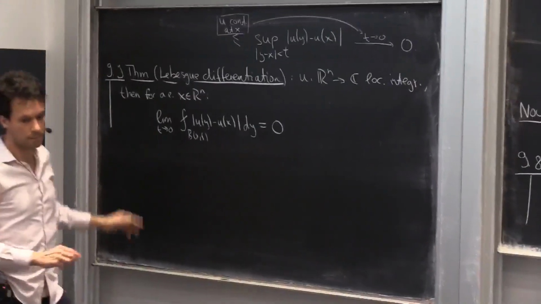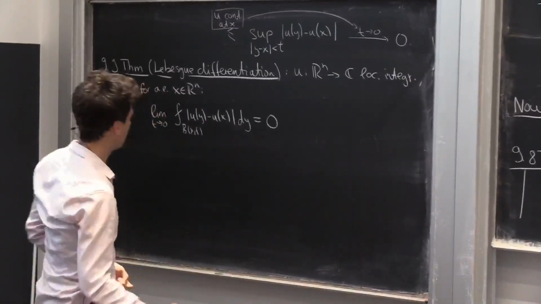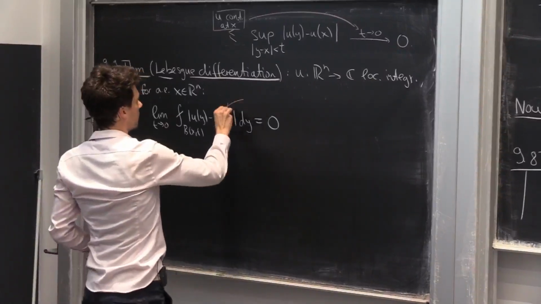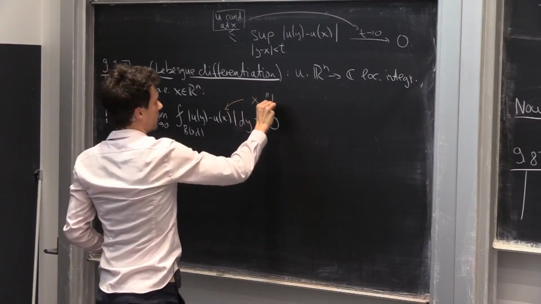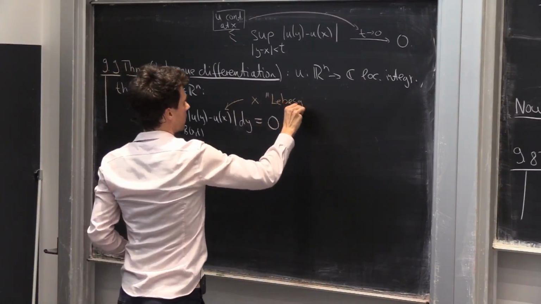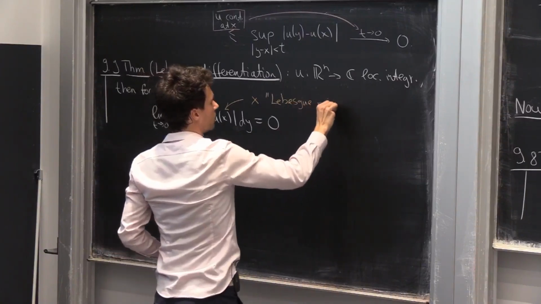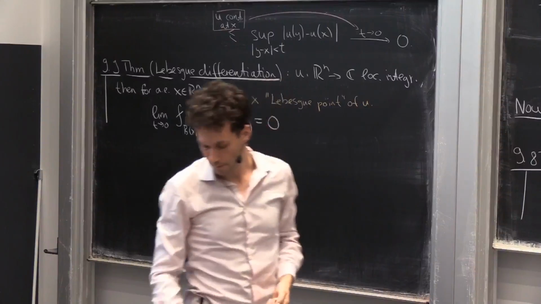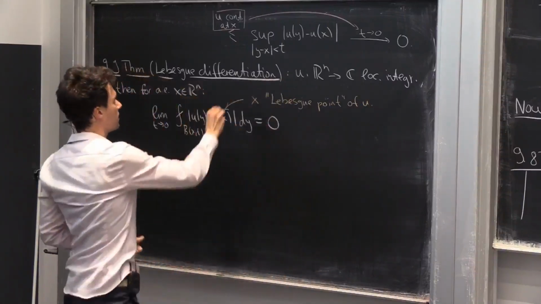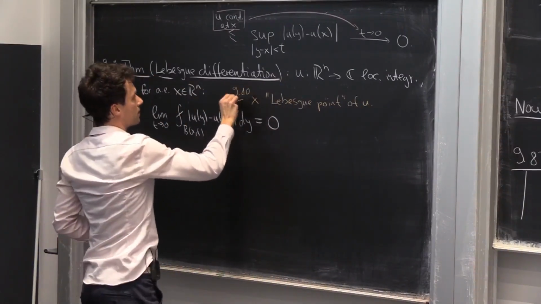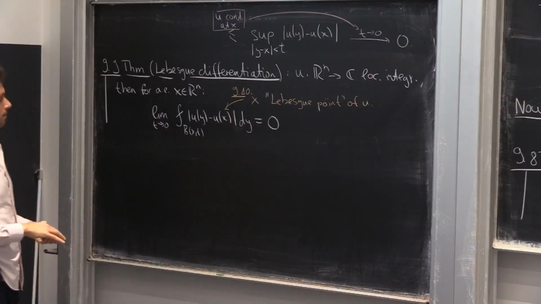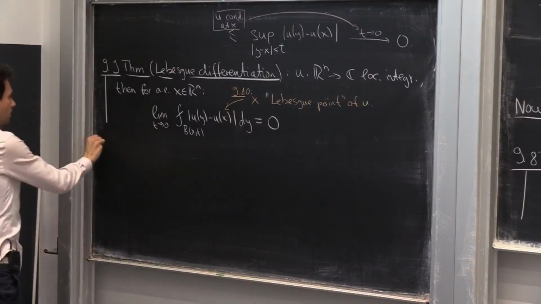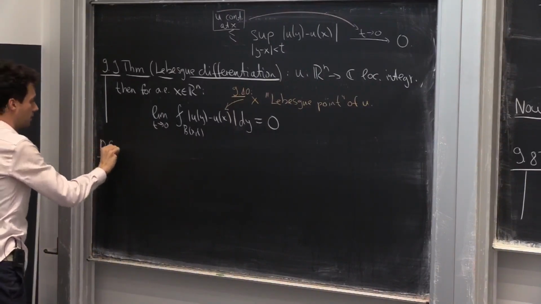And if that happens at x, x is called a Lebesgue point. The points at which this happens are called Lebesgue points. In the lecture notes, this is Remark 9.10.